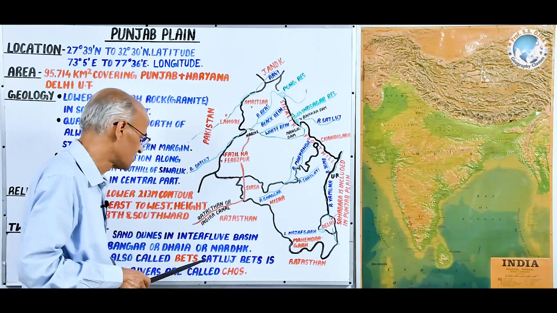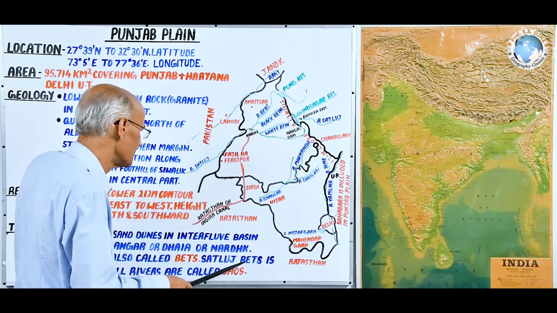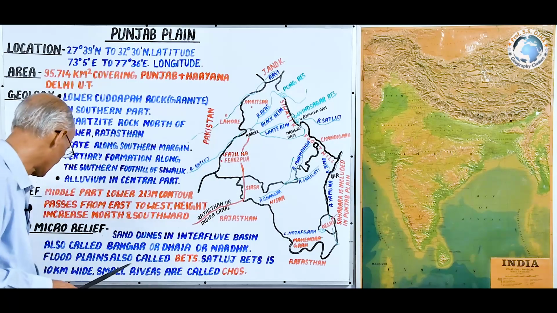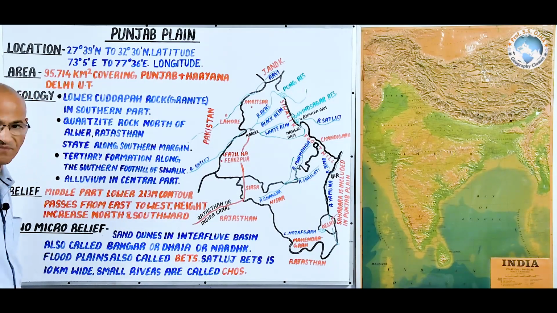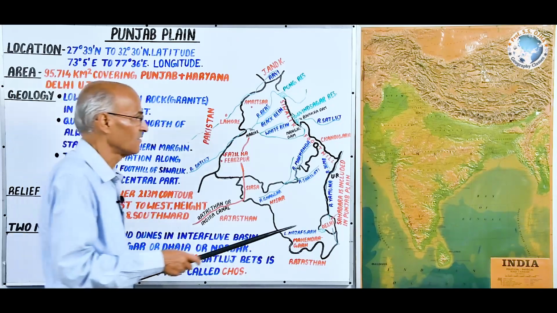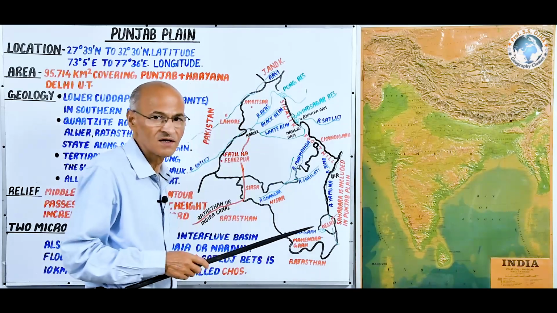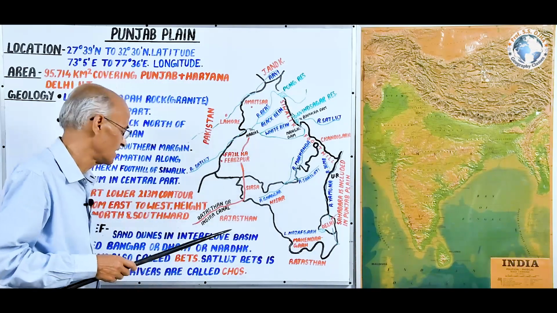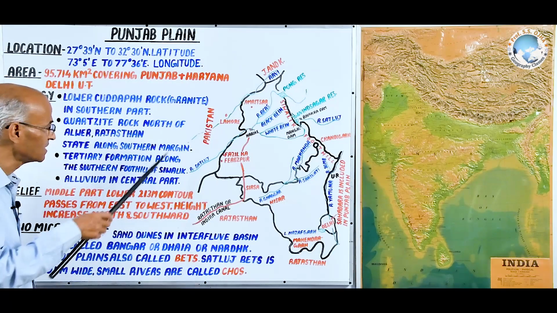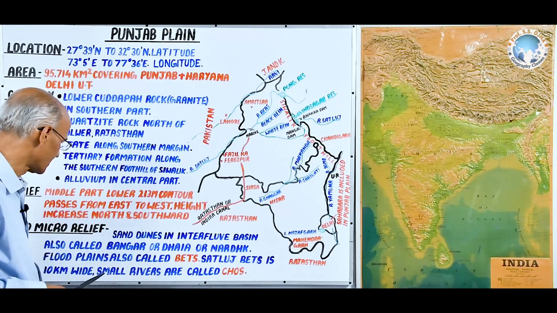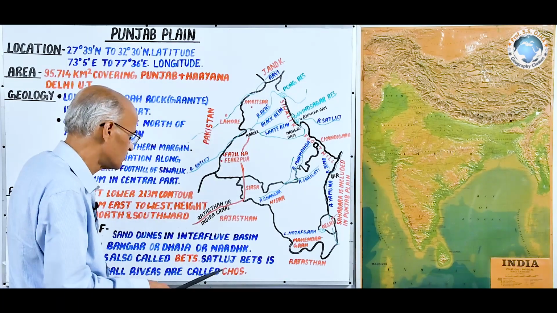The widest width of river Satluj is present here, about 10 kilometers wide, and nearly the same width is of the Ganga flooded valley, about 10 kilometers in Allahabad. Thus, it is locally called bet here, and small rivers are called chaus.